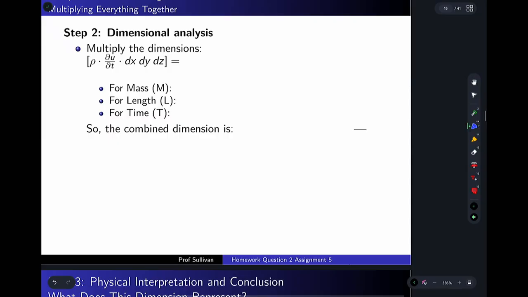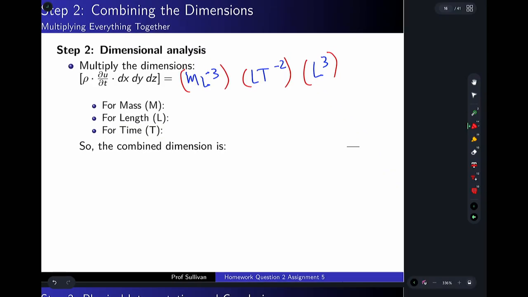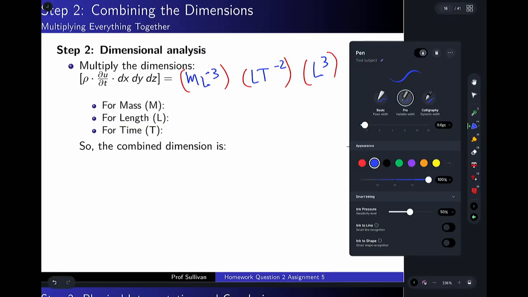All right, so it becomes ML to the minus 3, LT to the minus 2, L cubed, and I have all of these terms together. I have each of the terms separately, but I can start to group terms. If I group terms like this, I can break it down into mass, length, and time.